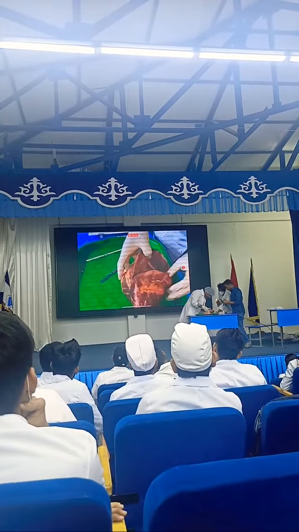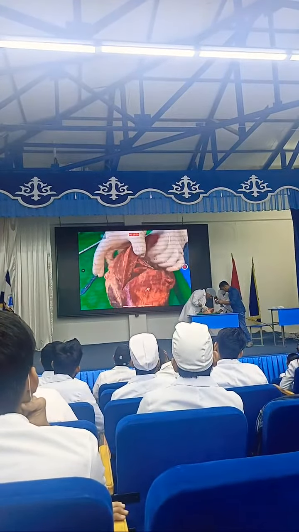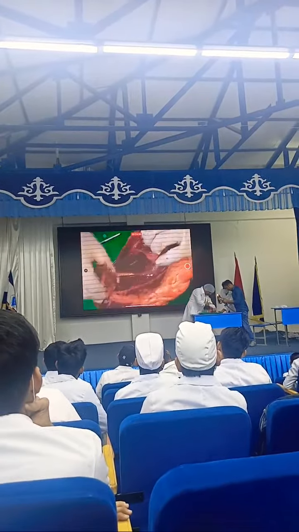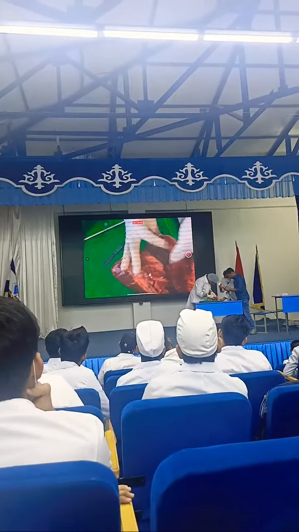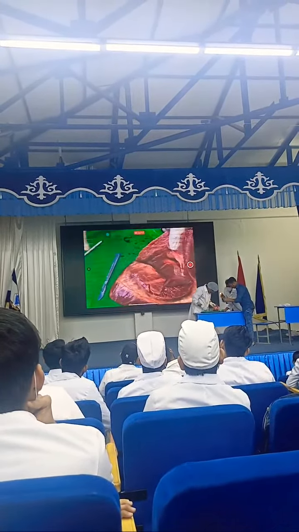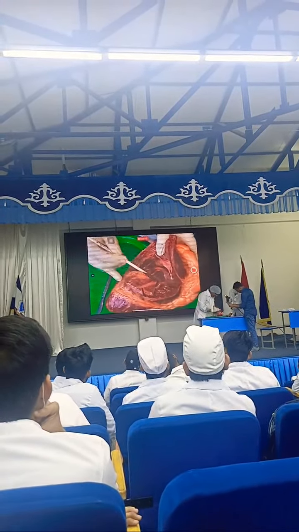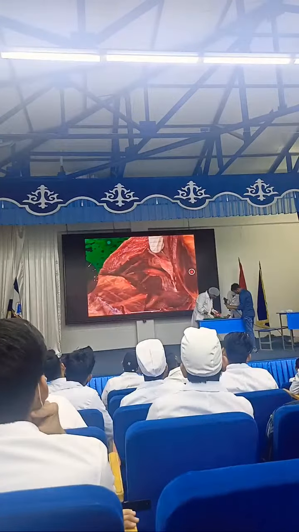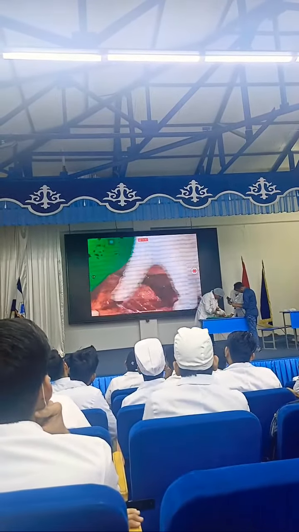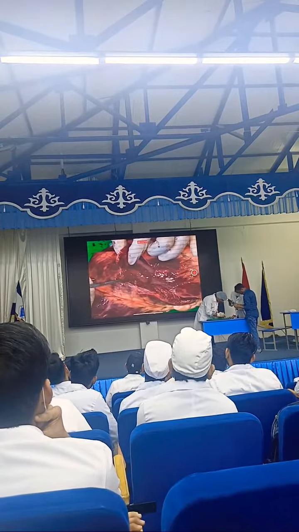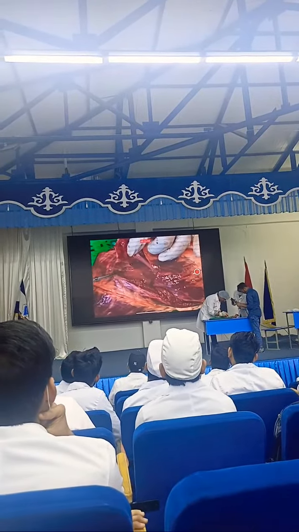This is the right ventricle that I am showing you. These are the chordae tendineae, and they are inserting over the papillary muscles which are present on the right side.